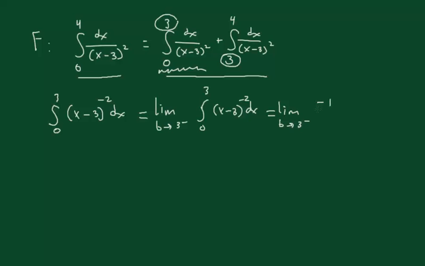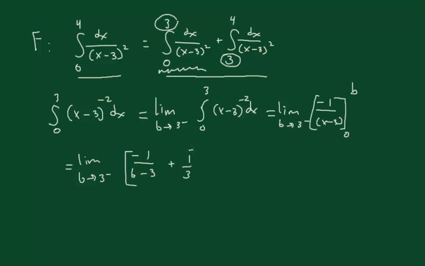The antiderivative is negative 1 over (x minus 3), and taking that from 0 to b, we have the limit as b approaches 3 from the left of negative 1 over (b minus 3), plus positive 1/3. There's our new statement that we have to find the limit of.